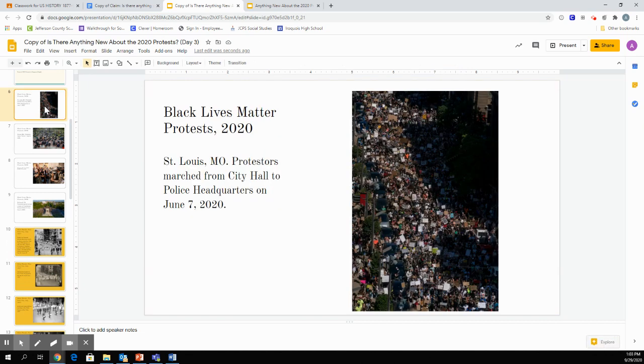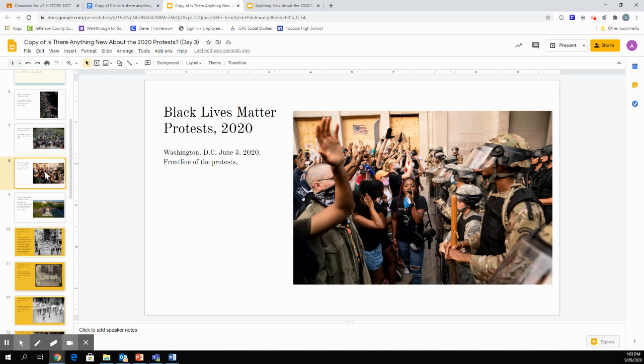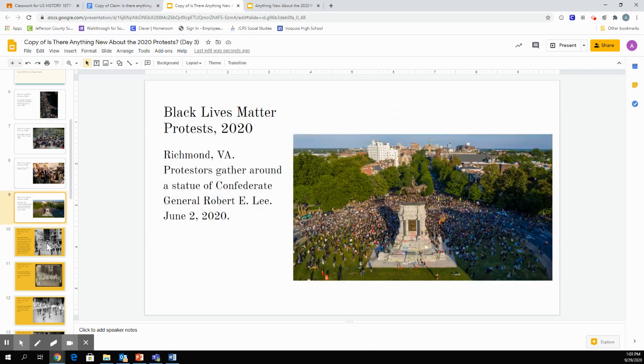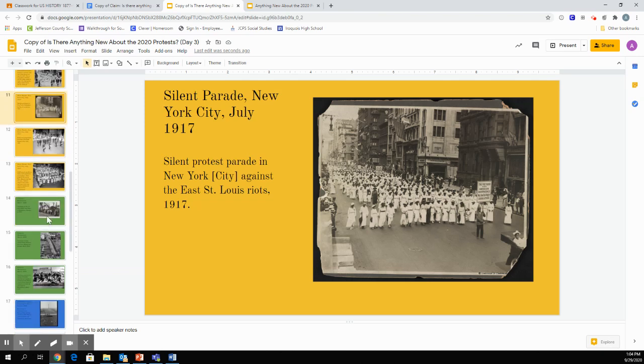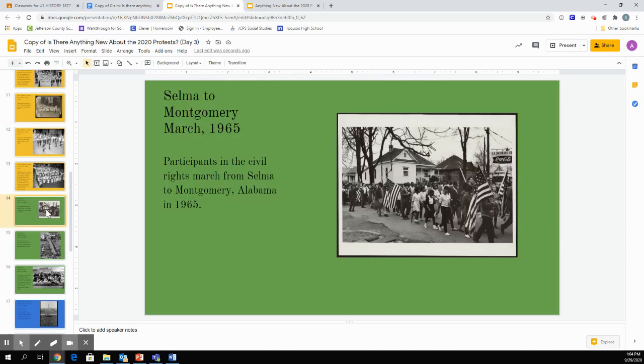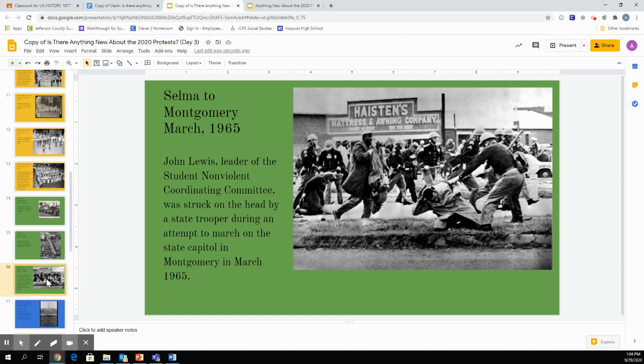Now, we can look for some differences. A lot of the time, I'll tell you right now, this was a very peaceful march. The Selma March was very peaceful, except for one incident that turned violent. But you have to judge, do you think an event is violent just because one violent instance occurred?